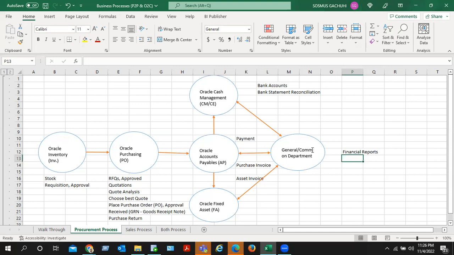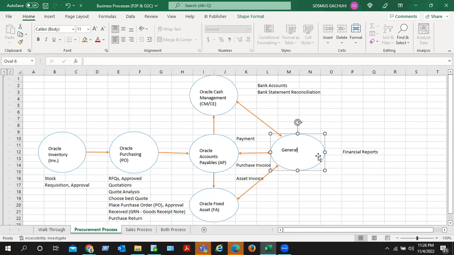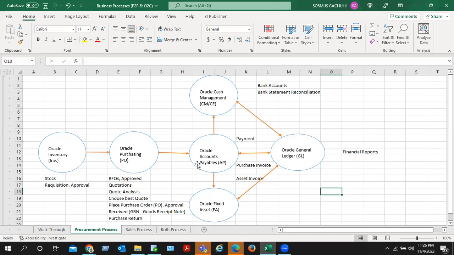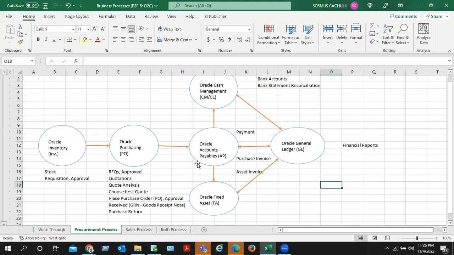Under financial reports, the application that we have under the general department, through Oracle, is referred to as Oracle General Ledger. In short, we refer to it as GL. So this is how the information flows.